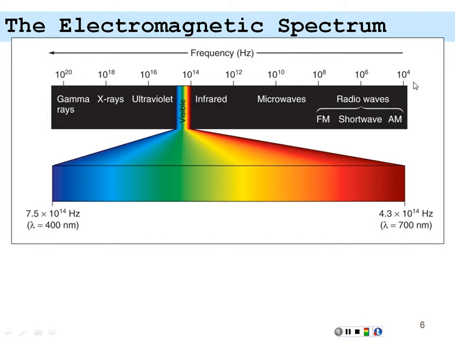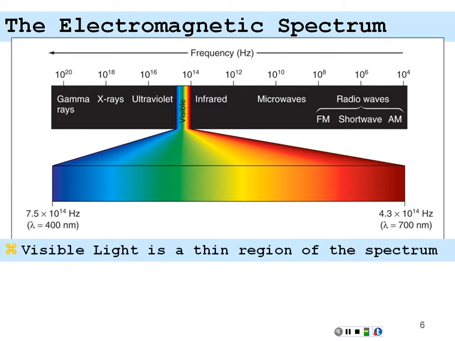And so we're basically 20 orders of magnitude for this whole electromagnetic spectrum. Visible light is just a thin band in that spectrum. It's really from 400 nanometers to 700 nanometers, so it's not even one order of magnitude within this 20 orders of magnitude. And just that thin band is the visible light that we talk about all the time.